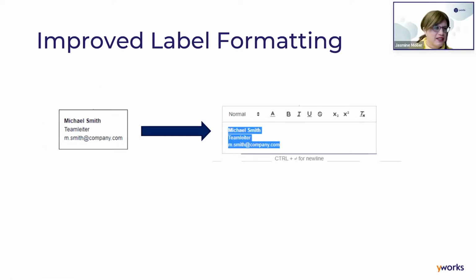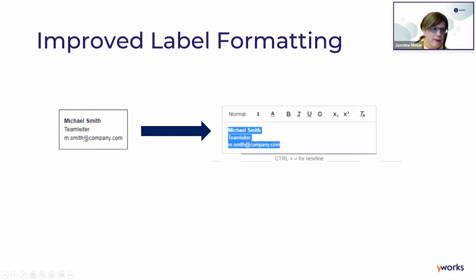Let's start directly with the first major item: improved label formatting. Finally, you can create a single label that looks like that. I realize it's maybe not that clearly visible in the broadcast, but it has a bold headline and normal font text beneath. In earlier releases, you had to create two or maybe even three labels, place them somehow, and hope that they don't fall apart again.